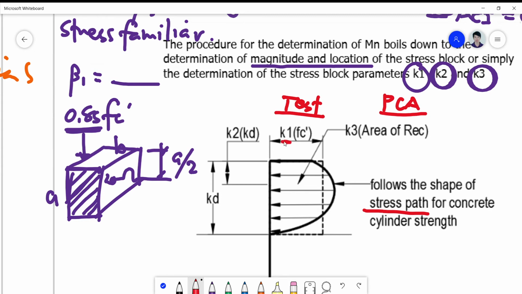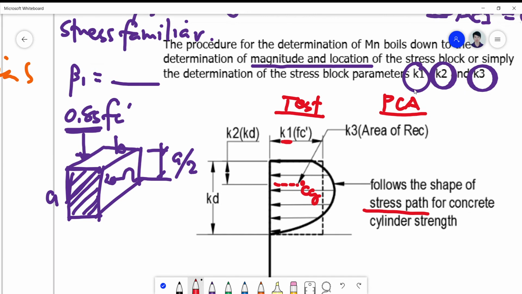So that's K1. How about K2? K2 will represent the centroid of that shape. It's the centroid. And K3 will represent the equivalent area of a rectangle that will actually represent the area of your almost parabolic stress block. So we have the K1s, K2s, and the K3s.